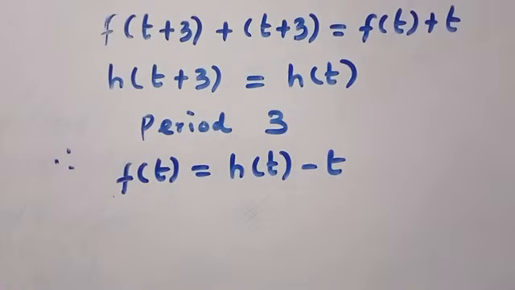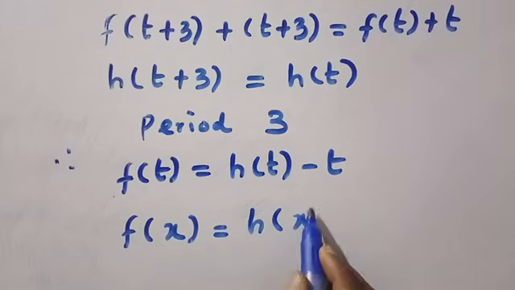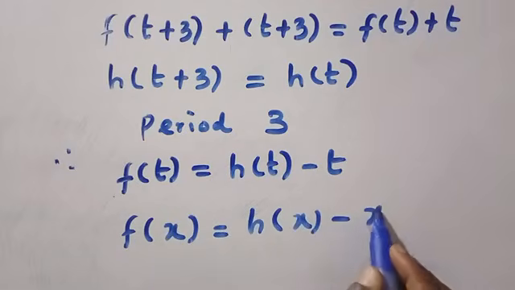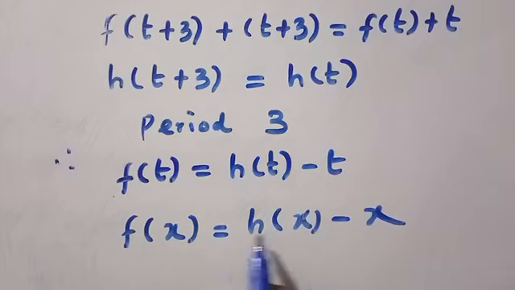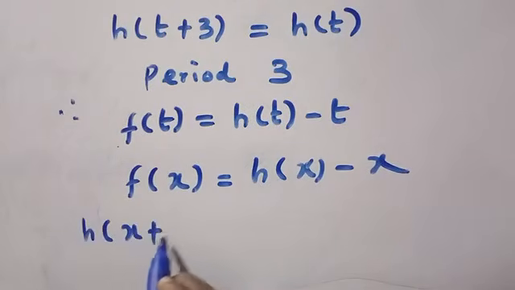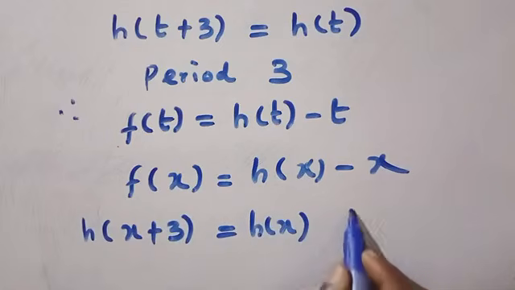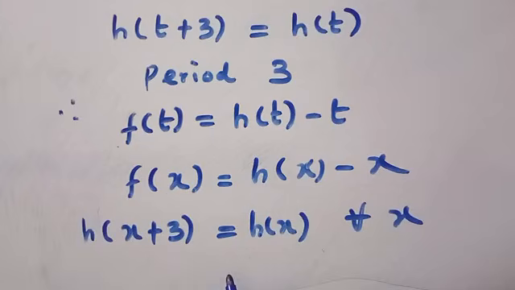Changing t to x, we have f of x equals h of x minus x. So this h of x is any periodic function which takes any values, such that h of x plus 3 equals h of x for all x.